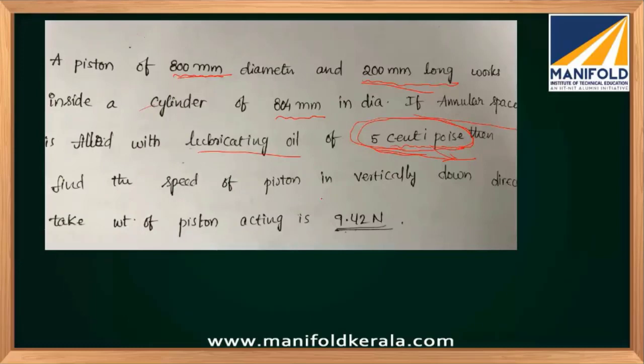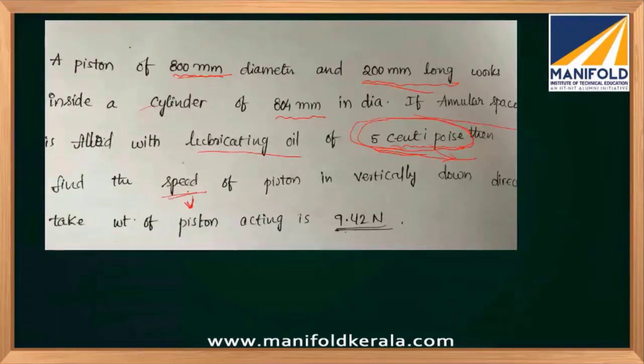Find the speed of the piston in the vertically downward direction. Take the weight of the piston as 9.42 Newton. This is the question, and it is asking you to find the speed of the piston. We need to find the velocity, that is v.